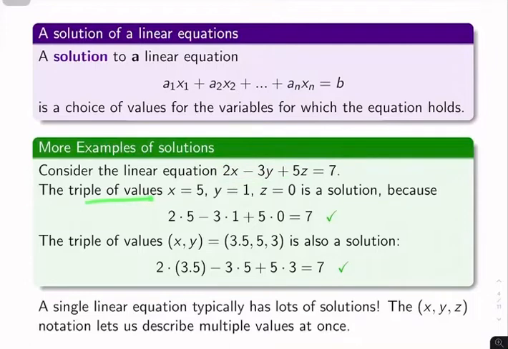The triple of values 5, 1, and 0 is a solution, because if we substitute 5, 1, and 0 for x, y, and z into our linear equation, we get equality. You can also check that the triple of values 3.5, 5, and 3 also gives a solution. And like I said, a single linear equation typically has lots of solutions. Here, with three variables, you would use this notation to describe multiple values at once.